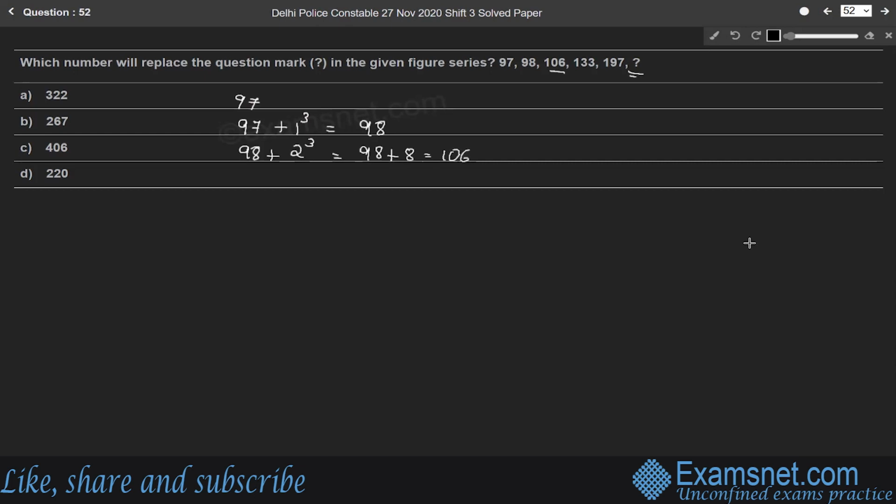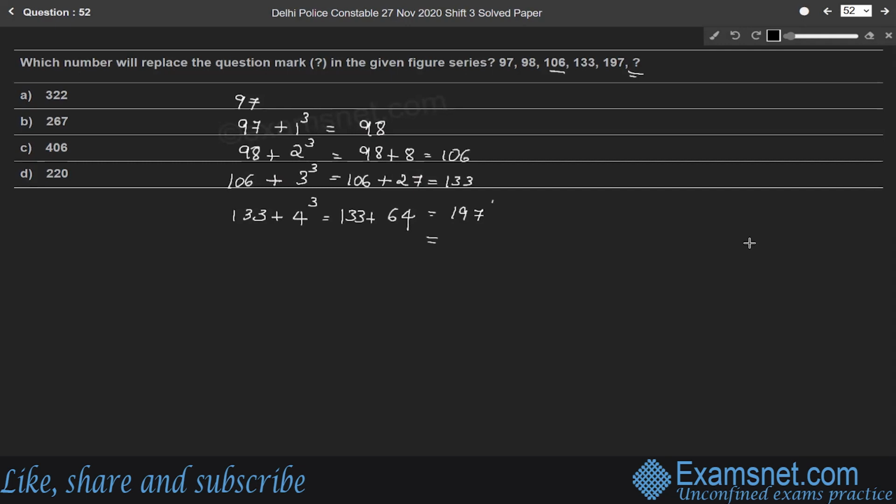The next number 133 is obtained when 106 is added with 3 cube, that is 3 into 3 into 3, which is 27, which is equal to 133. And the next number is 197, when 133 plus 4 cube is equal to 133 plus 64, right?